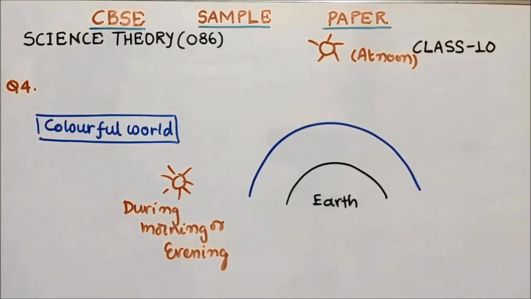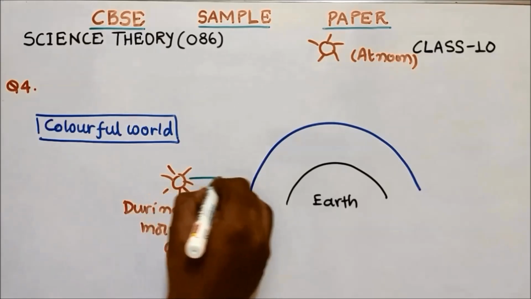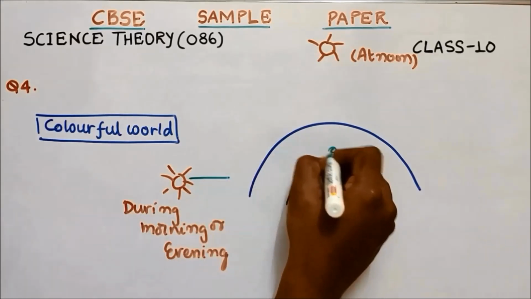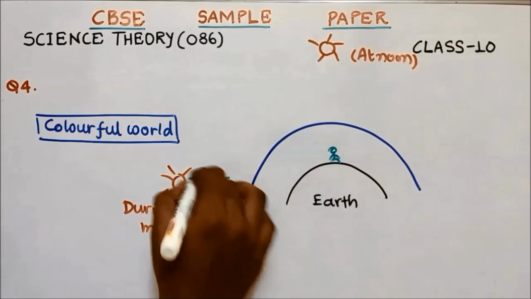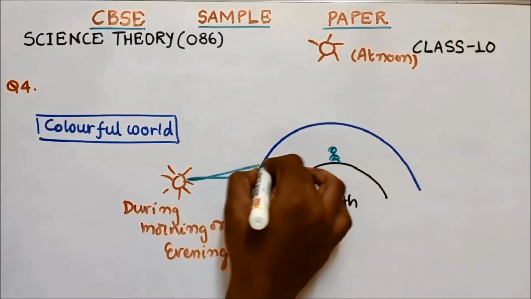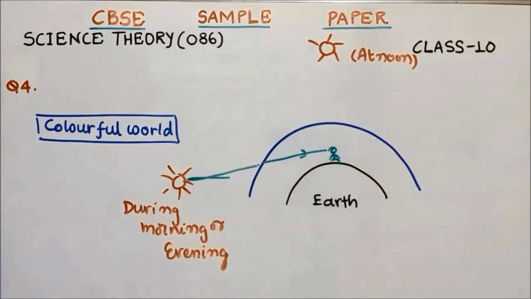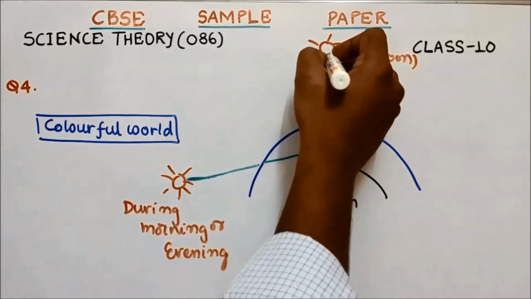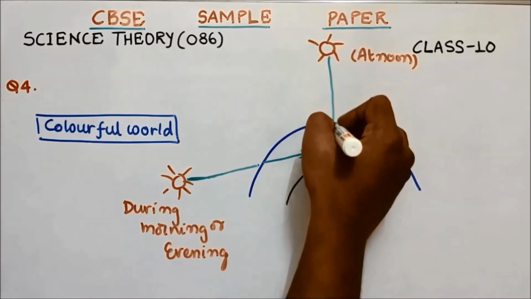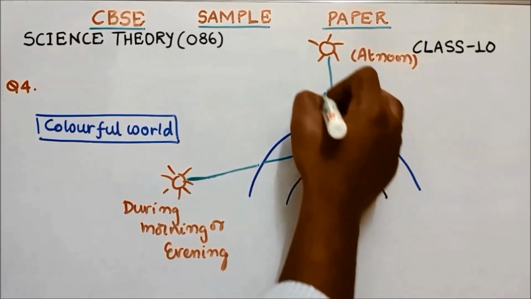The concept which you have to understand here is, when the sun is at the horizon, let us assume here is an observer. The rays of the sun have to travel a longer distance in order to reach the eye of the observer. Whereas when the sun is overhead, the rays have to travel less distance.